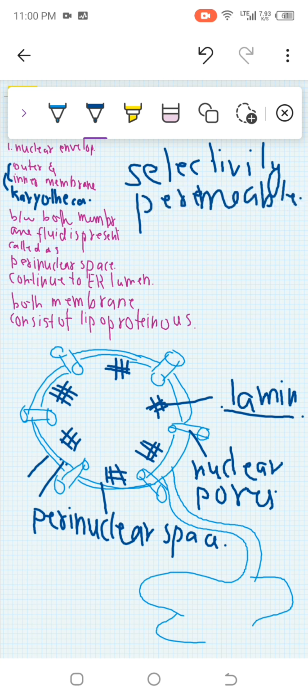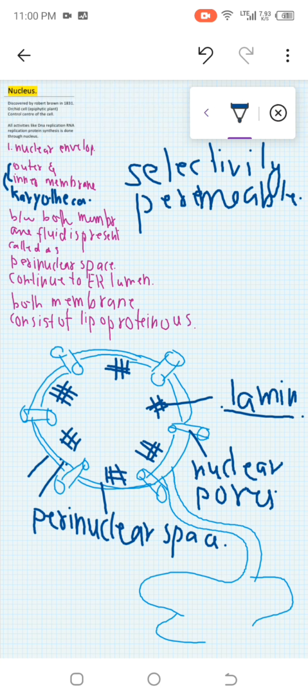Hopefully this first part, the nuclear envelope, is clear to you guys. After that we're gonna discuss the nuclear pores. What actually these nuclear pores are, we're gonna discuss in the next video.